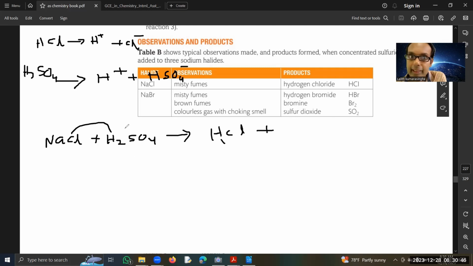The other ion it gives is HSO4 minus, which will react with sodium to form sodium bisulfate. Can you see? Nobody has changed their oxidation states. Therefore, this is not a redox reaction.